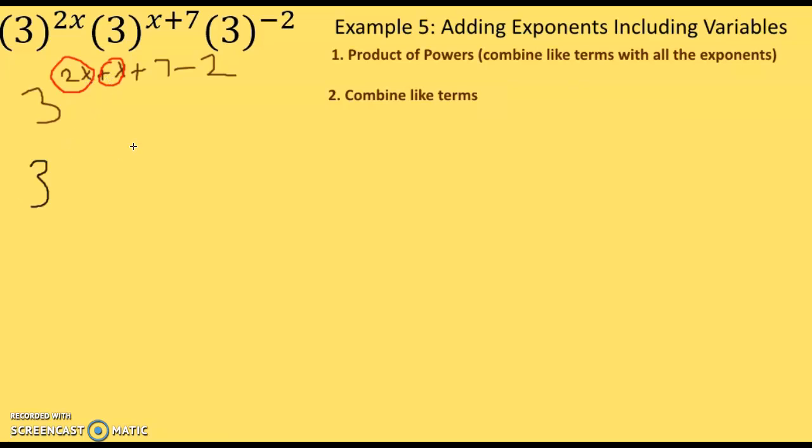So we have 3 to 3x, and then let's combine our constants. Plus 7 and minus 2. 7 minus 2 is 5. So our simplified expression is 3 to the 3x plus 5 power. And that is our simplified expression.